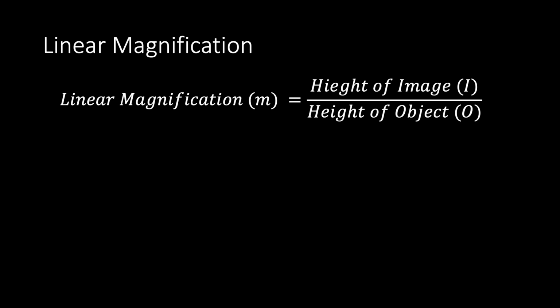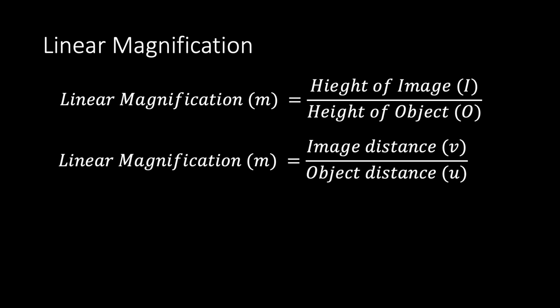Next is linear magnification. This tells us how much larger or smaller the image is compared to the object. It is the ratio of the height of the image to the height of the object. It can also be calculated by dividing the image distance by the object distance.